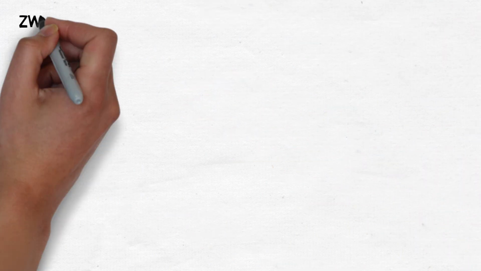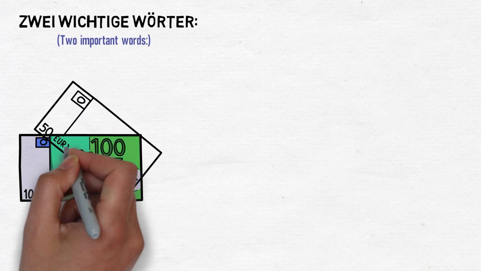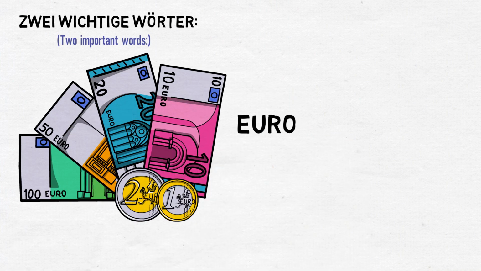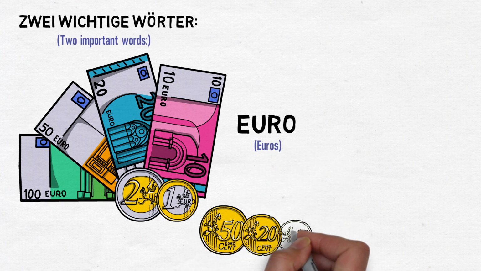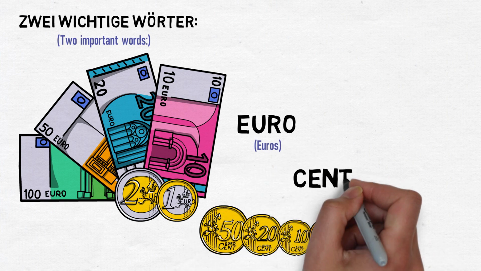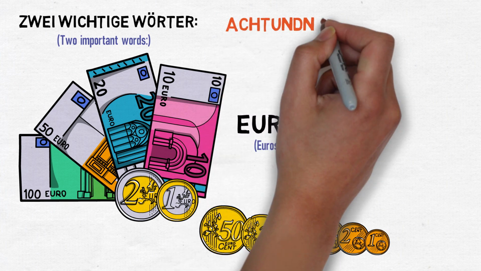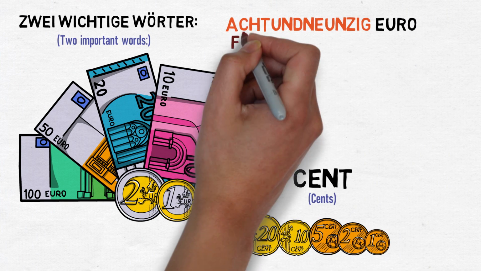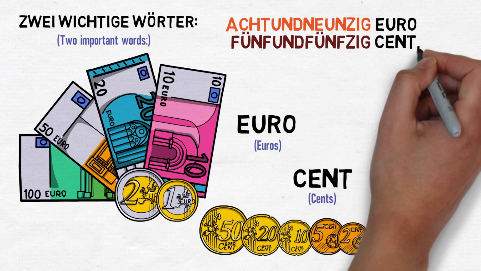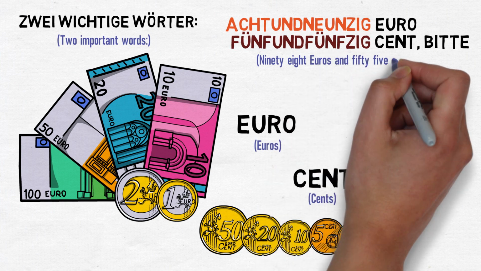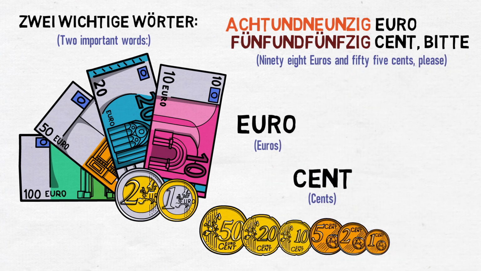Finally, two important words to use in conjunction with numbers in Germany, Austria or Liechtenstein are Euro, meaning euros, and Cent, meaning cents. For example, 98 Euro, 55 Cent, bitte. 98 euros, 55 cents, please.